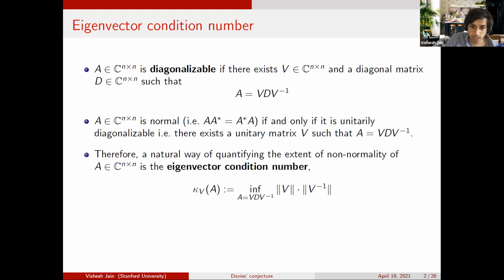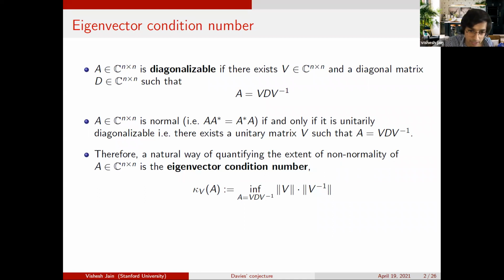Normal matrices are nice. They have many nice properties, and one of the properties we will be concerned with in this talk is spectral stability. So you might ask how far a matrix is from being normal.